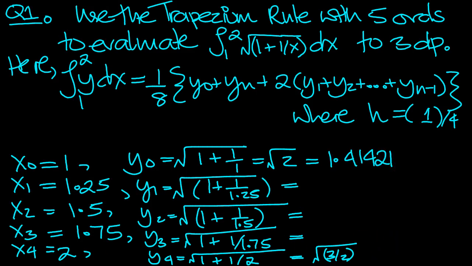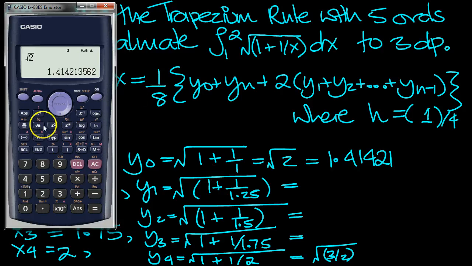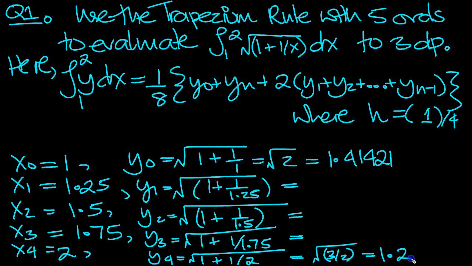Then we'll get the square root of 1.5 while we're at it. So square root of 3 over 2, which is 1.5. 1.22474. Now the 3 in between values.